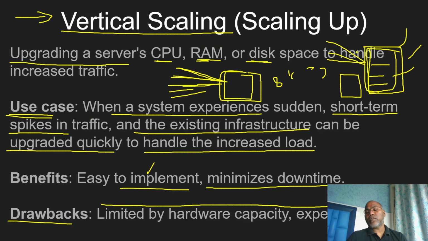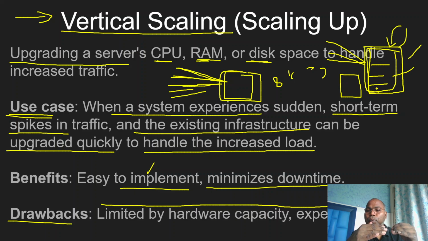Up to some level you can increase, that's okay. But if our system keeps getting more and more traffic, after that you cannot increase the vertical scale, because you cannot add more CPU: the motherboard where you plug in the CPU has a limited number of slots, and similarly for RAM, and we also have buses.